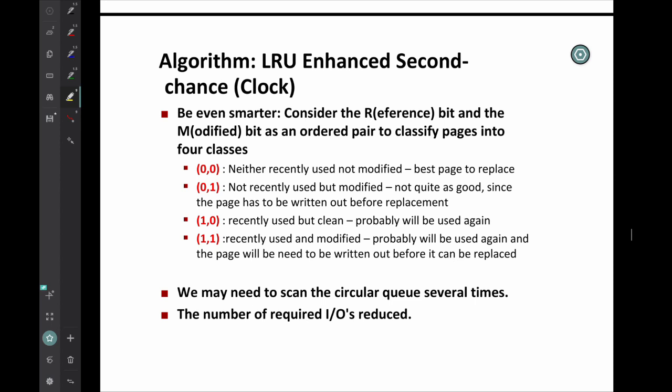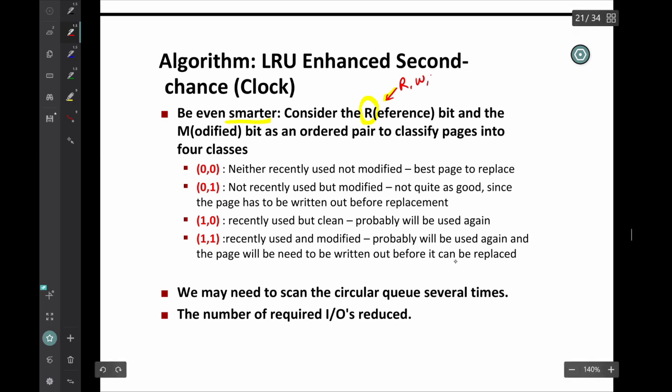This algorithm can act even smarter, okay? What it can do is look at the reference bit. Remember, the reference bit is set whenever that page is accessed, so it can be read. Reference means basically that a page is read or written, okay?